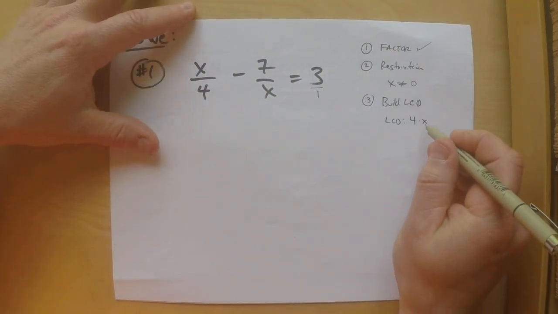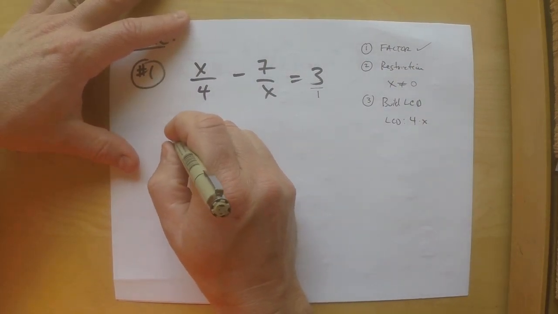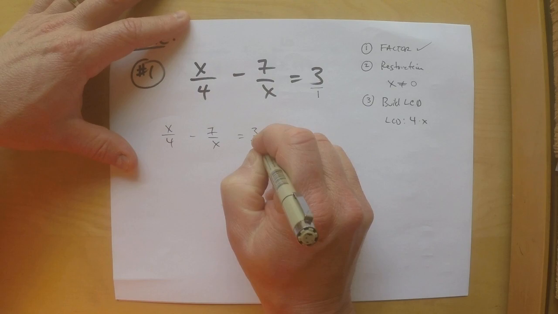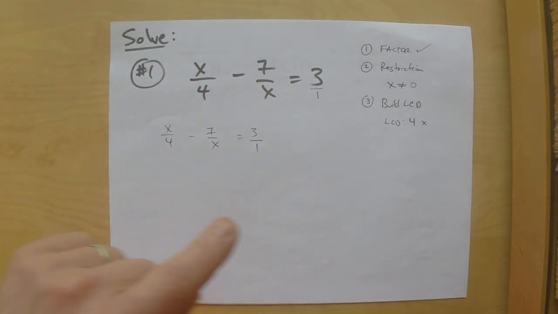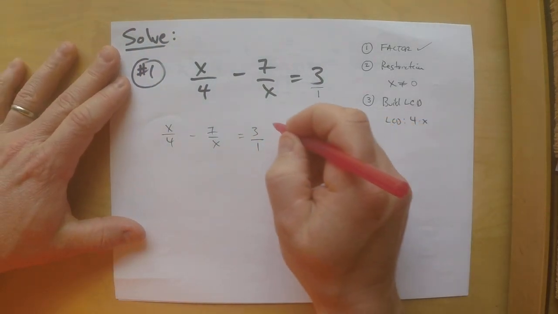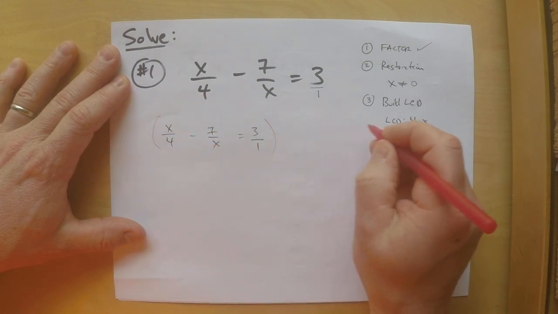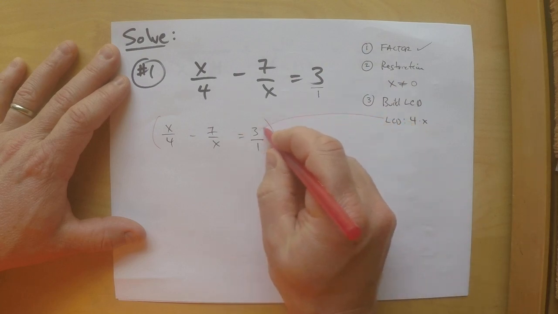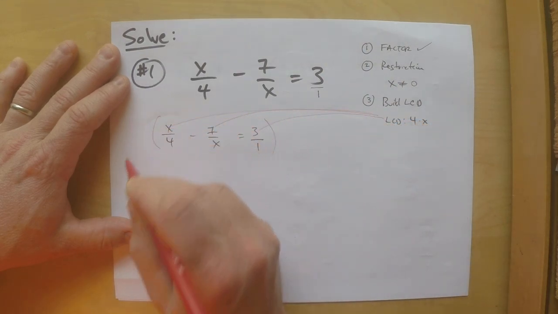So you then take this LCD, and I'll just show you what happens here. I'm going to rewrite that. You take that LCD, it comes along, and it literally multiplies every single numerator. Multiply, multiply, multiply.